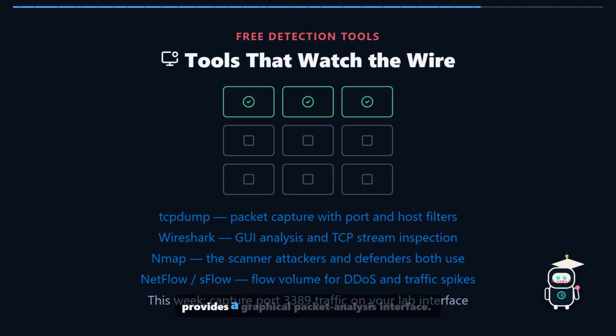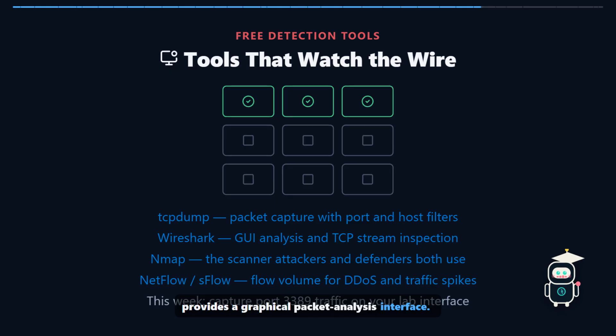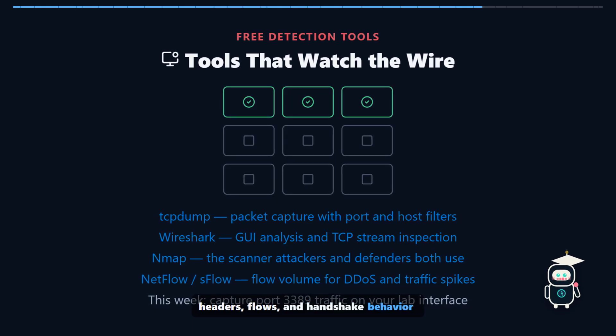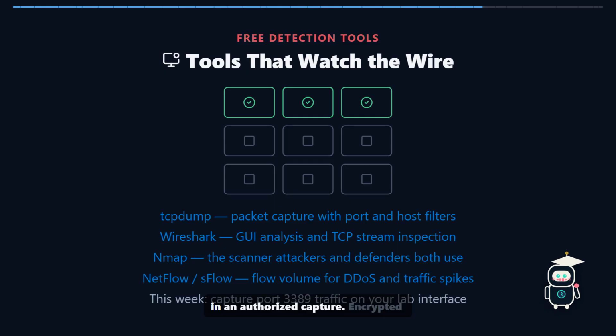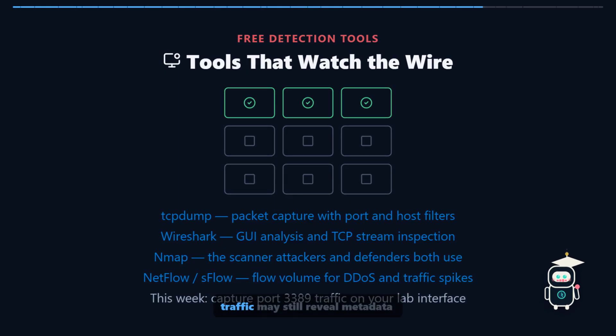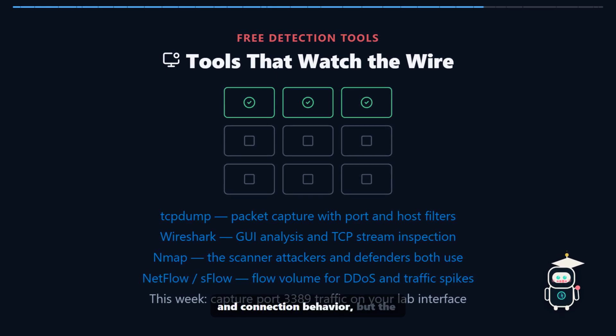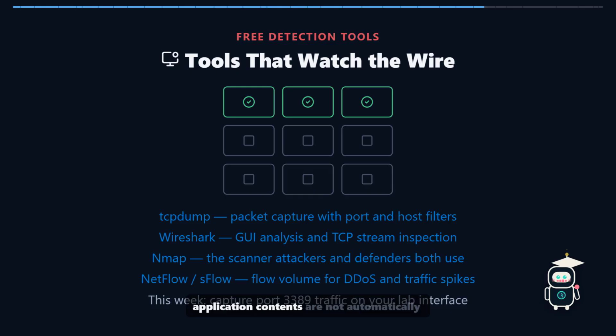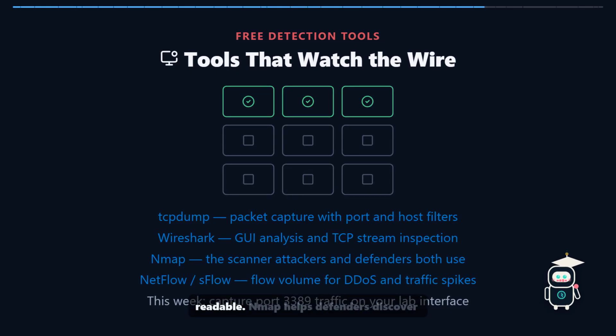Wireshark provides a graphical packet analysis interface. It can help you inspect headers, flows, and handshake behavior in an authorized capture. Encrypted traffic may still reveal metadata and connection behavior, but the application contents are not automatically readable.